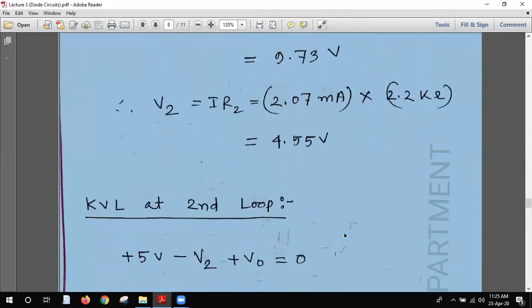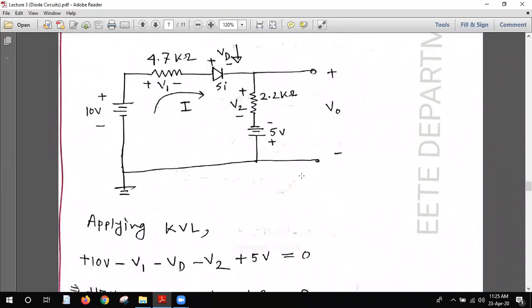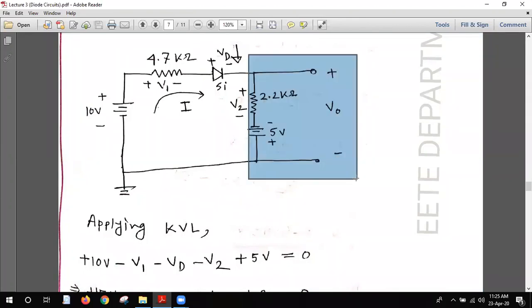And finally, to find the output voltage, we will apply the KVL in this second loop. At that time, if we take the first sign, then it will be plus 5 volt minus V2 plus V0.